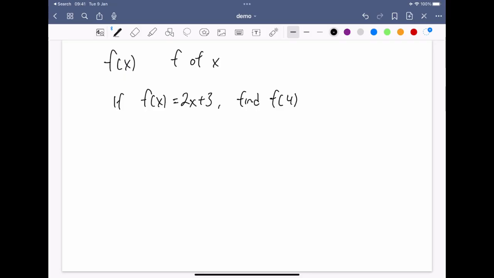Since we know that this 4 corresponds to x, you can think of x as a placeholder. Given the question f of 4, you just replace every x with 4. So it would look something like 2 times 4 plus 3, and then you find your answer.